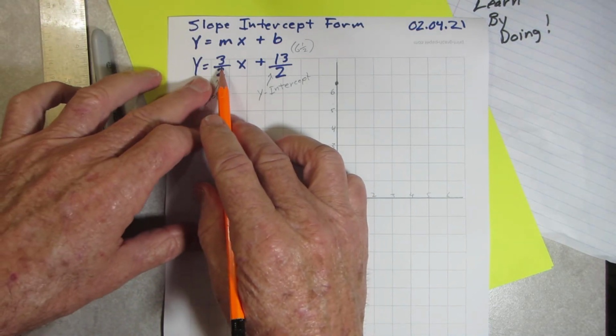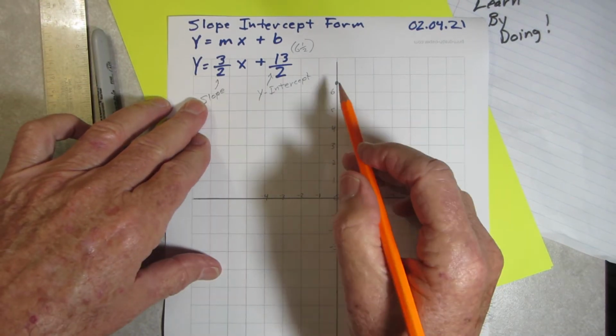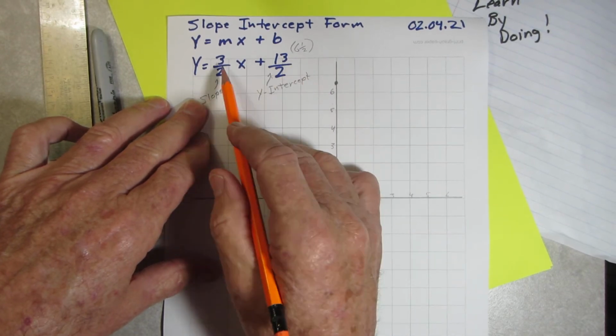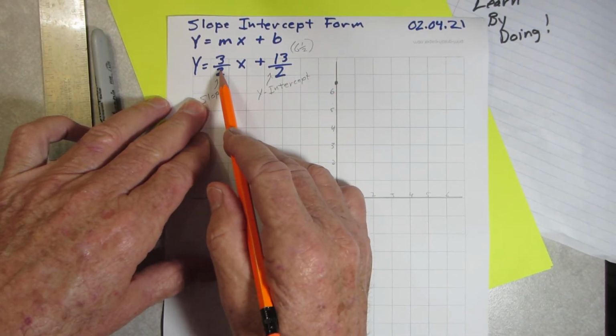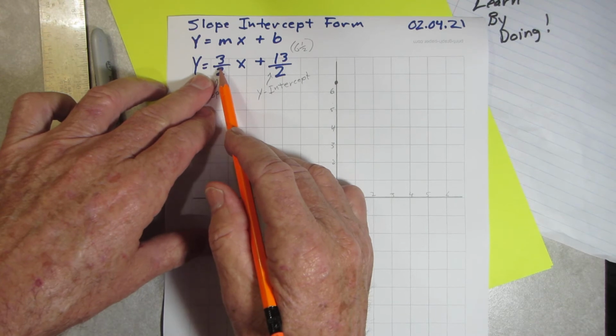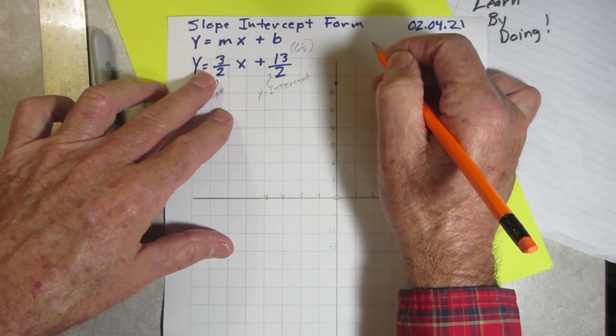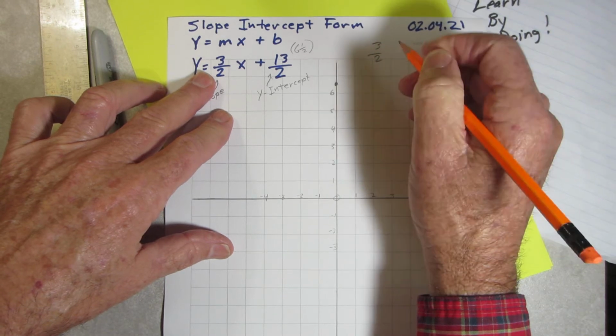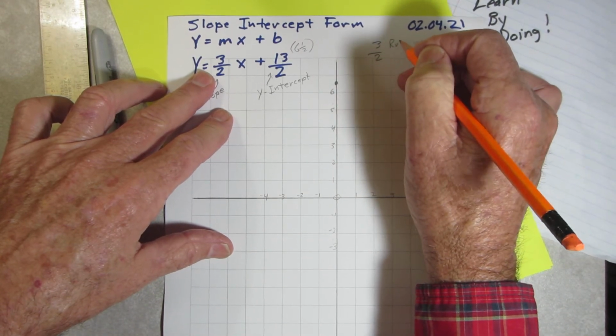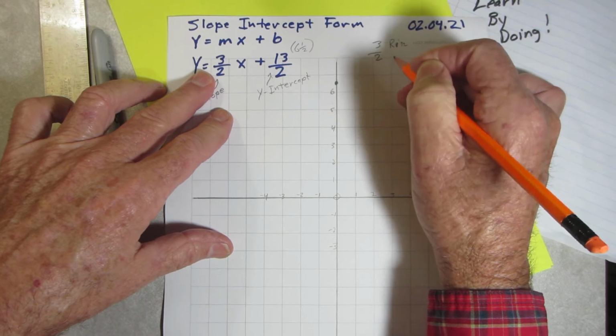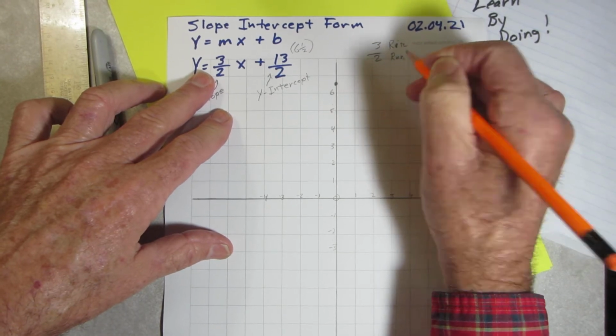All right, so all we have to have is the y-intercept and our slope. The slope is a positive 3 over 2, which means that 3 over 2, this is going to be your rise, and this is going to be your run.